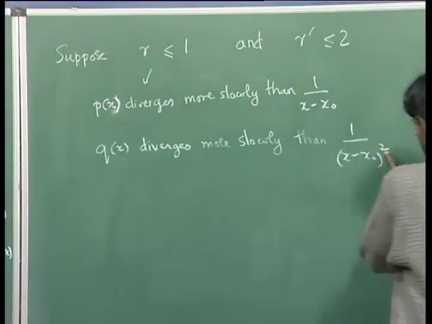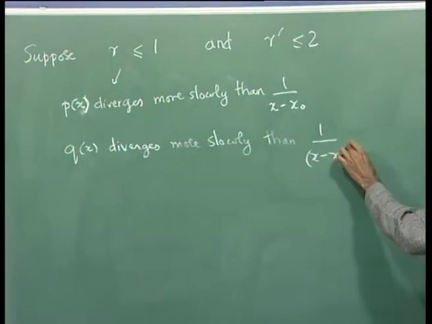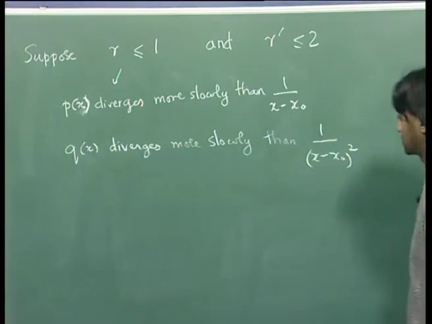Okay. That means the q of x divergence is slower than this, that means r prime was less than or equal to 2.